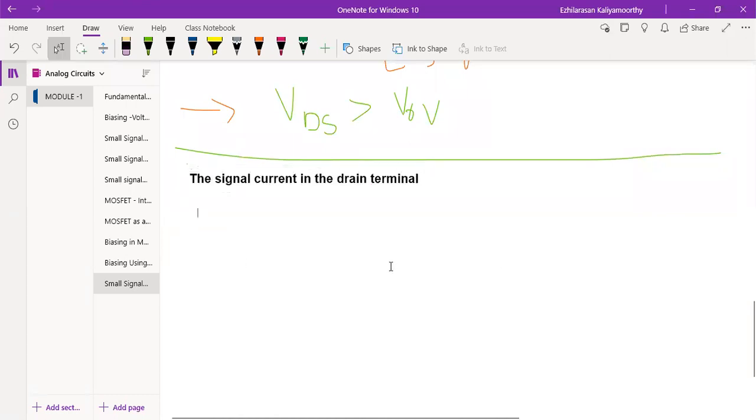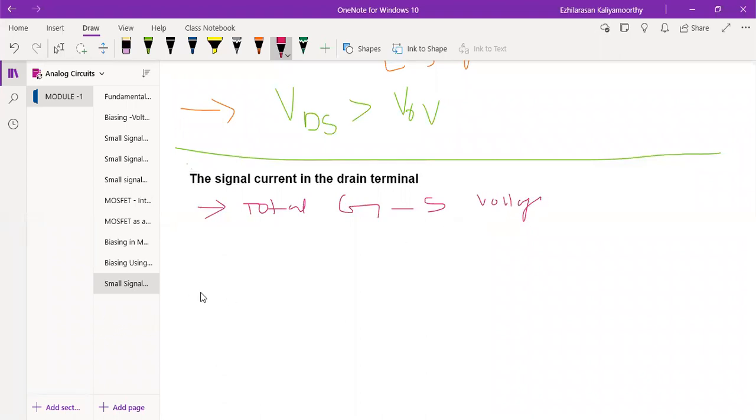For this, the input signal vgs is applied. The total instantaneous gate to source voltage is, the input signal is applied, the total gate to source voltage.